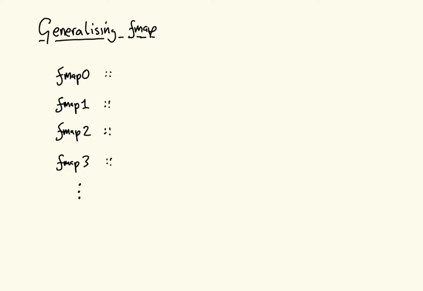So let's fill in the easy case first of all. If a function has one argument, that's just the familiar fmap function, which goes from A to B to f of A to f of B. So it's a function with one argument here, an A, and then we take one data structure, an f of an A, and we give back an f of a B. So that's the case we're already familiar with.